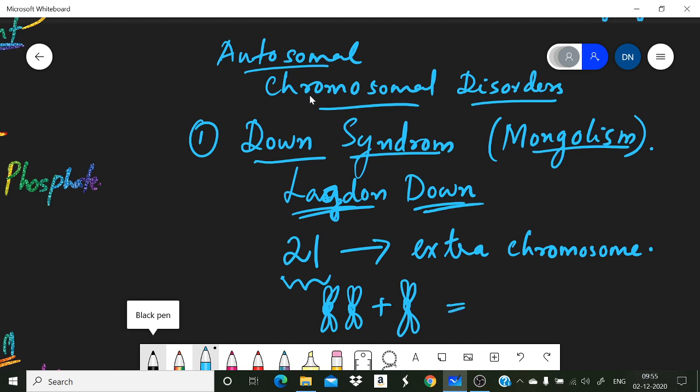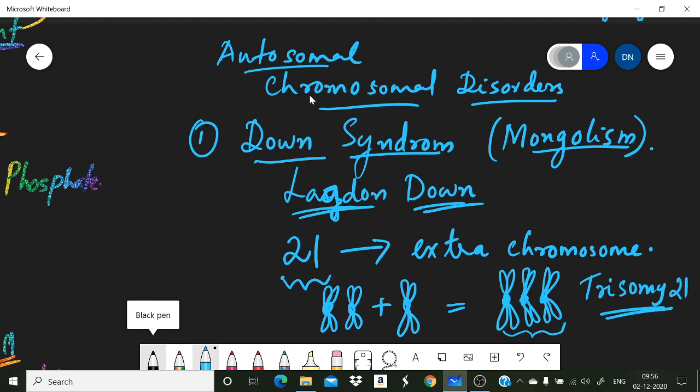Altogether the 21st set of chromosomes will be like this, there will be 3 chromosomes. So this disease is also known as trisomy 21, because there is an extra chromosome at the 21st position of the chromosome map.